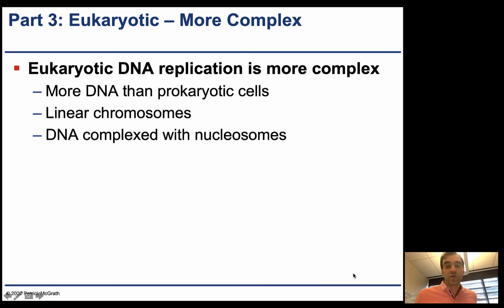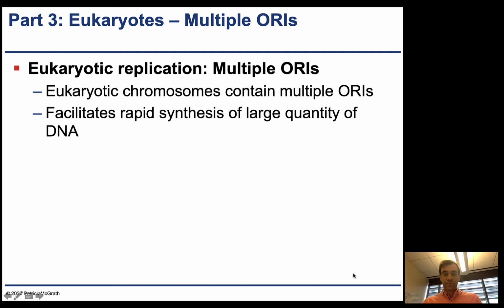They also have linear chromosomes. Bacteria cells have circular chromosomes. Eukaryotic cells have linear chromosomes, and that actually presents some problems for how to replicate the ends of chromosomes. And then finally, DNA is complexed with nucleosomes, so DNA is wrapped up around nucleosomes, and so that also has to be dealt with.